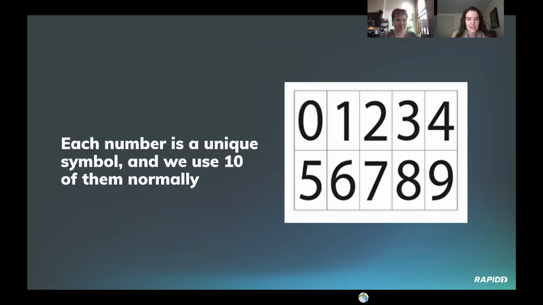The system we humans use to count is called the decimal system. Deci means 10, relating to the fact that we use 10 distinct symbols: 0, 1, 2, 3, 4, 5, 6, 7, 8, and 9. Each of these numbers has a unique shape, and when we want to count higher, we simply repeat the shapes. 10 means we've gone through all of our symbols once, and then we go up to another digit.